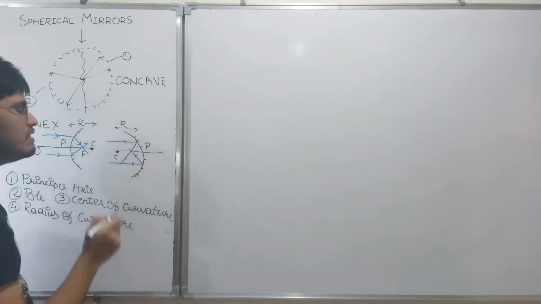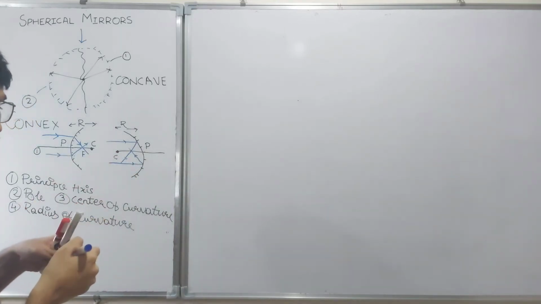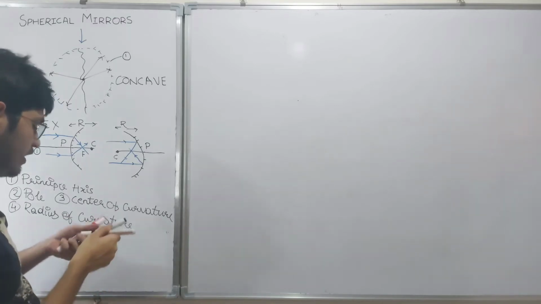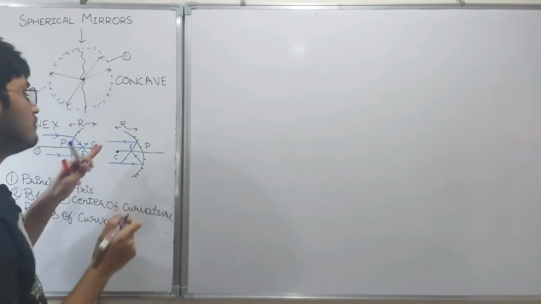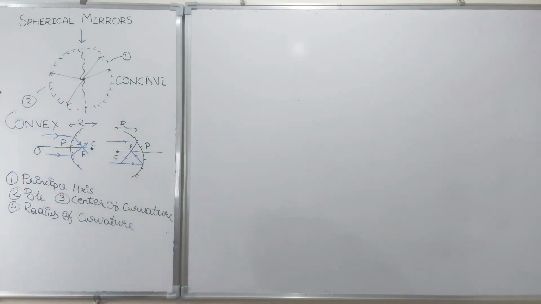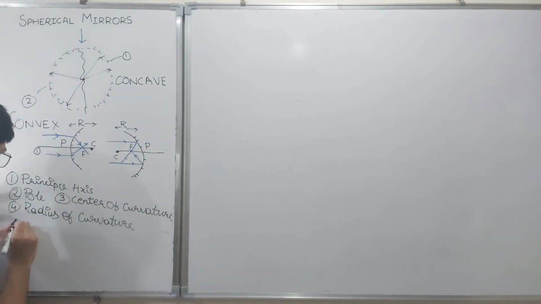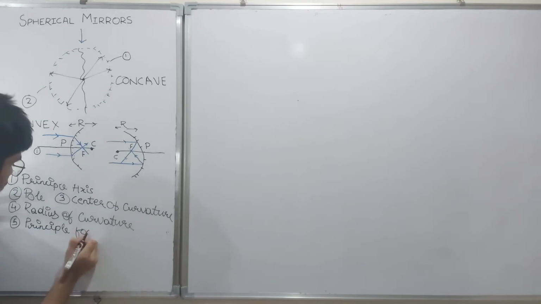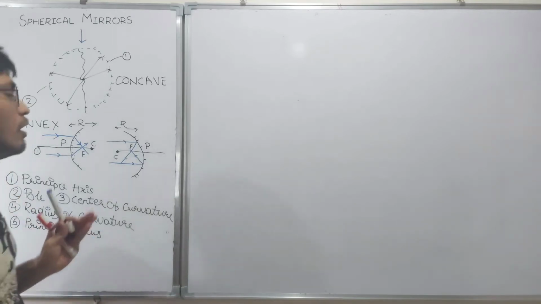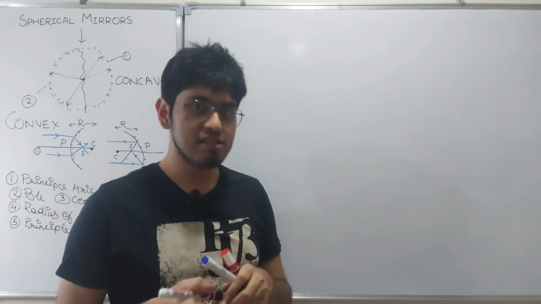So in this case, this particular point is known as the principal focus, represented by capital F. This is the principal focus. So the other terminology that we just learned is the principal focus. Clear?